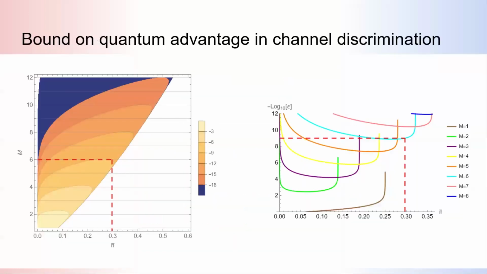So I'm finally going to give an interpretation that's interesting to me, which I guess has nothing to do with quantum machine learning. We can treat this as a bound on the maximum advantage you could possibly get in a channel discrimination task, which is very slightly non-trivial, but mainly trivial.